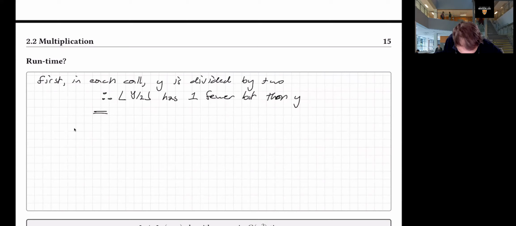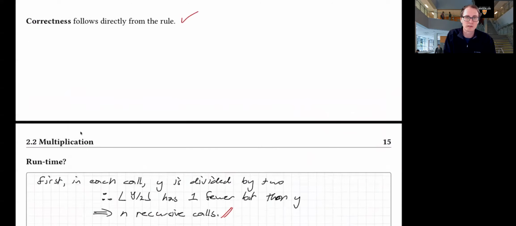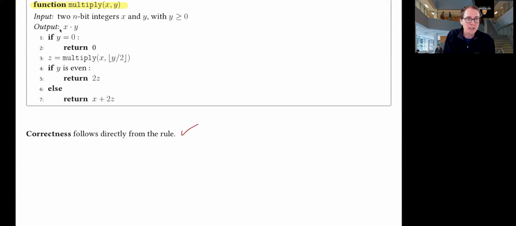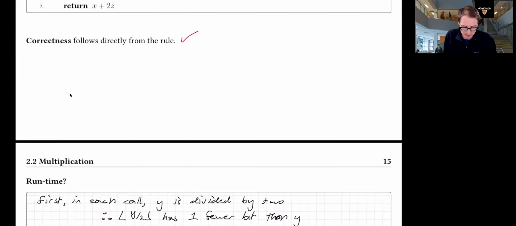And that then implies that there are n recursive calls. So we figured out how many times our algorithm recursively calls itself. The only thing left to figure is how much computation do you do in each recursive call to multiply? And then we just add it up over n times and we find the result.